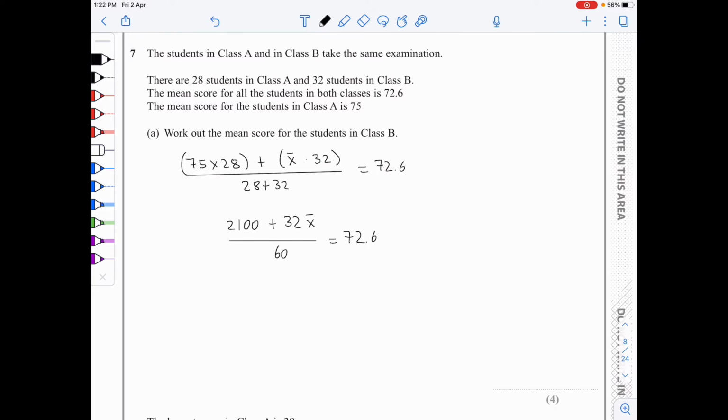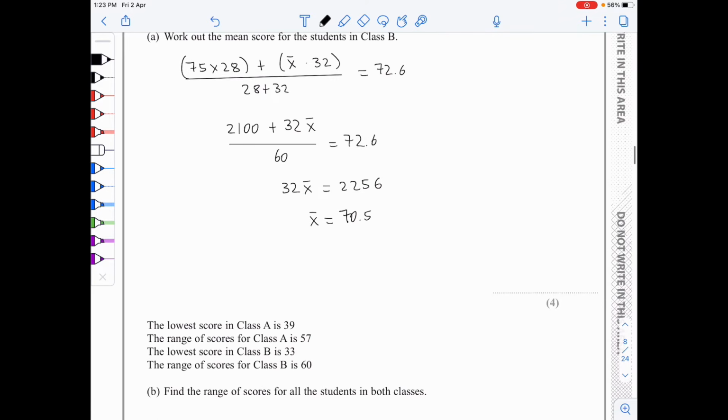I will cross multiply and rearrange, and I will be getting that 32x bar is 2256, which upon division by 32 is giving me a result of 70.5, and that is the mean for class B, 70.5.